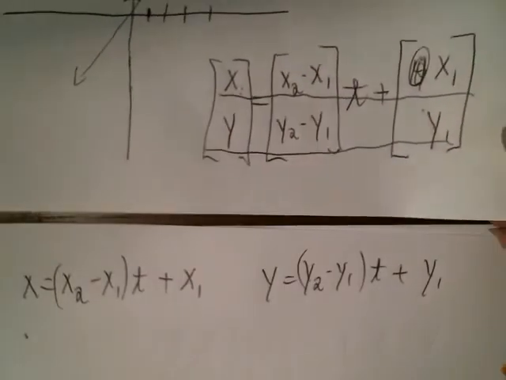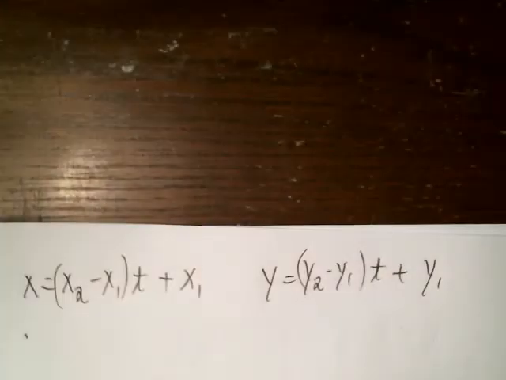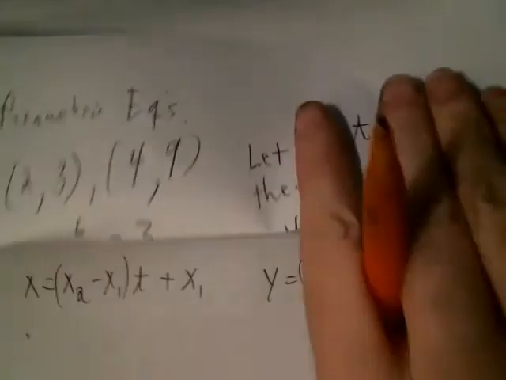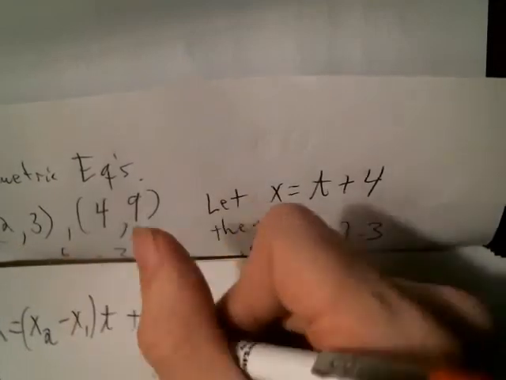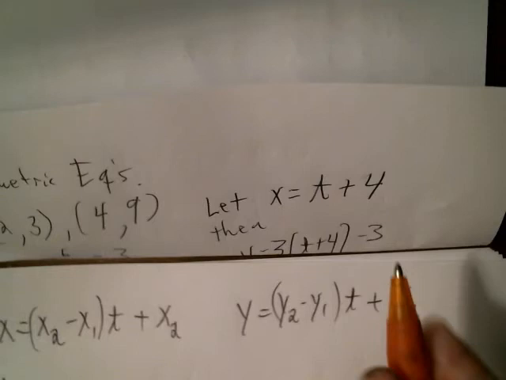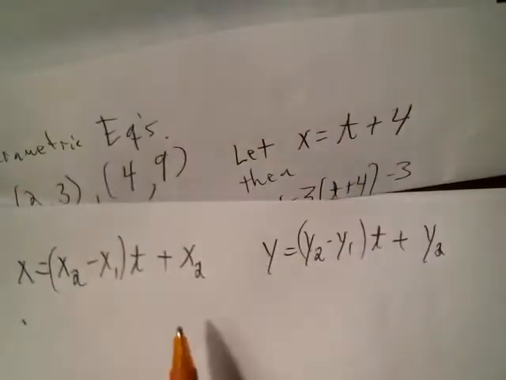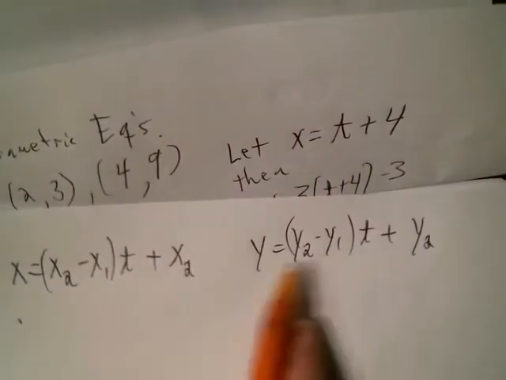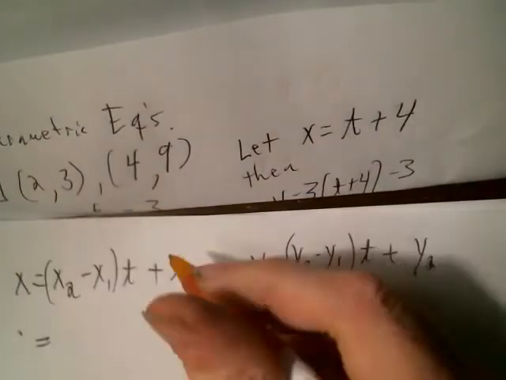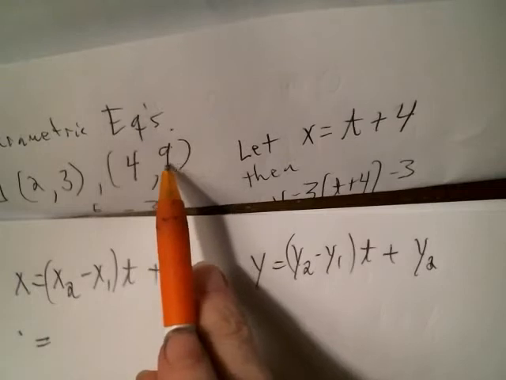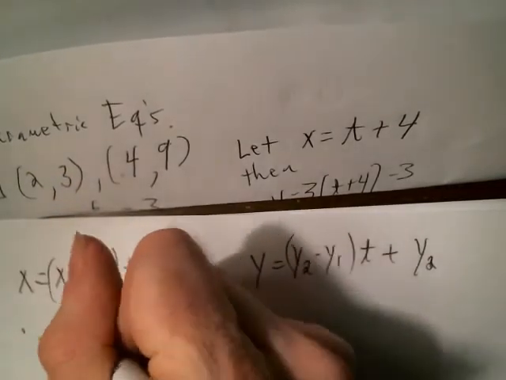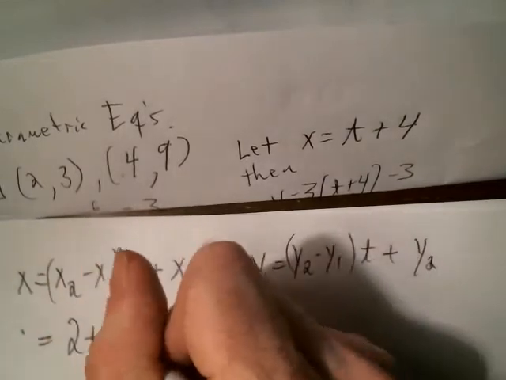So let's see what we get, right? If I use the points from above, and let me use x2, y2, because I know where I'm headed. It doesn't matter for this next point as long as it's some point on the line. So my x is going to equal x2 minus x1.